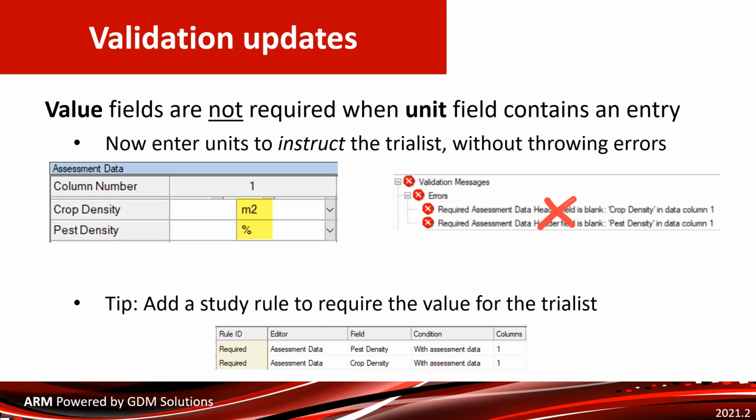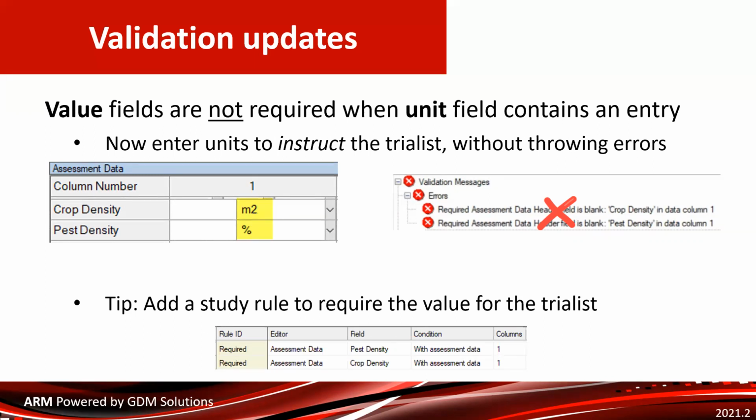So if the protocol writer typically generates the trial file and then sends it to the trialist, they would be kind of blocked by these errors. Now they can have a study rule to say once data is filled into this column, then this information needs to be filled in. But I'm allowed to put in this unit ahead of time, so that way the trialist knows for sure what needs to be filled in.